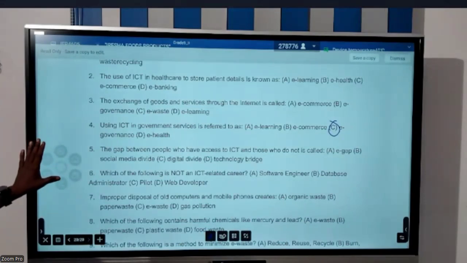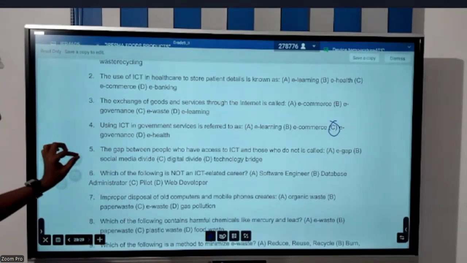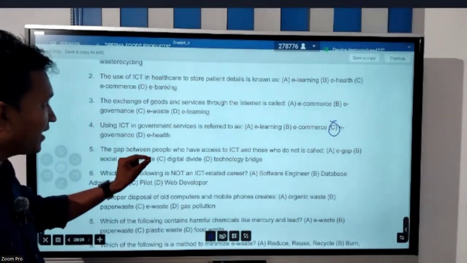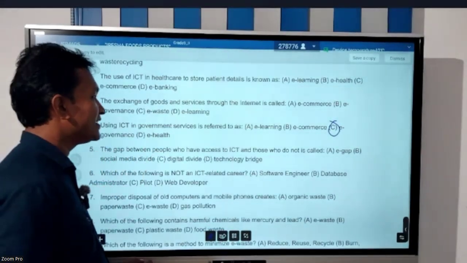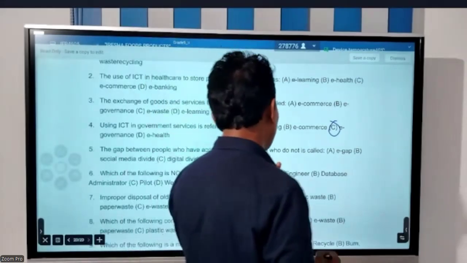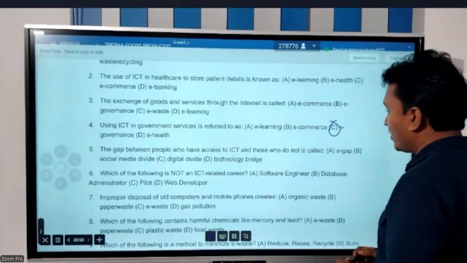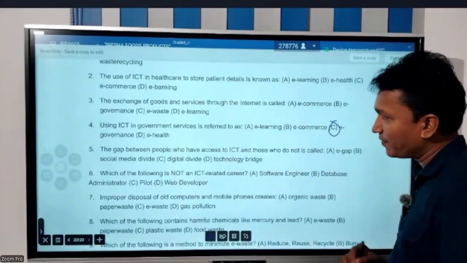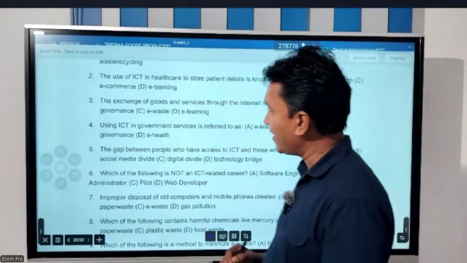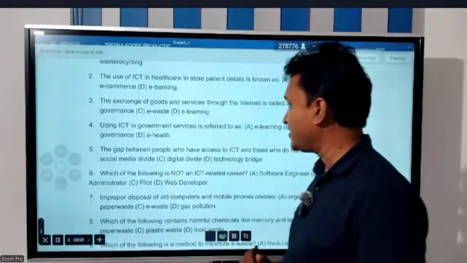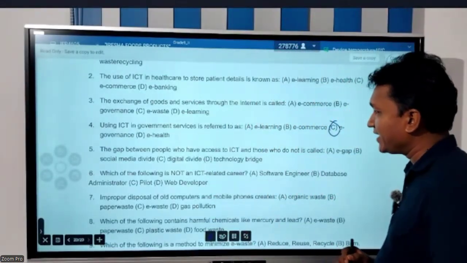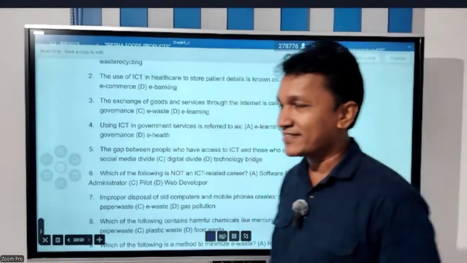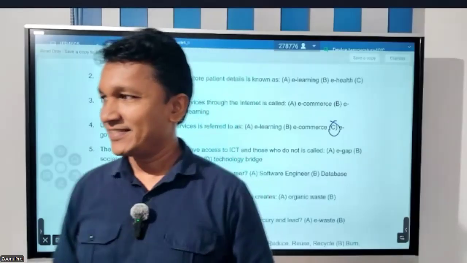Fifth one, the gap between people who have access to ICT and those who do not is called, A, e-gap. B, social media divide. C, digital divide. D, technology bridge. What is the answer? Digital divide.